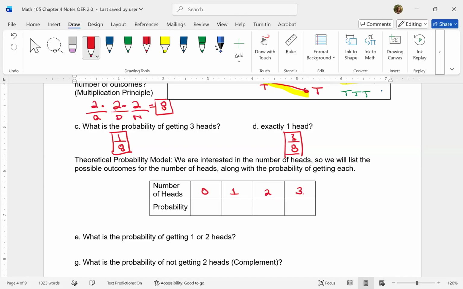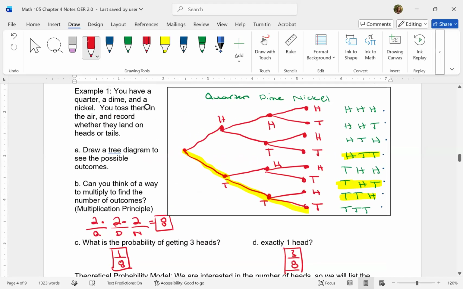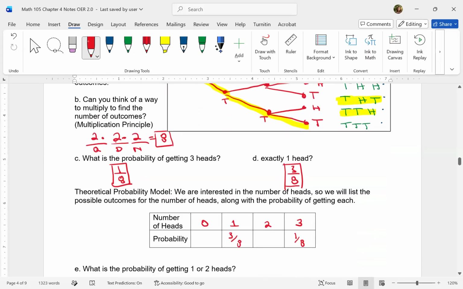All right. Now I happen to have already found the probability of 3 heads. That was 1/8. And we found the probability that you would get exactly 1 head, and that was 3 out of 8. Okay, so then the probability for 0 heads, meaning all tails, would be 1 out of 8 again.